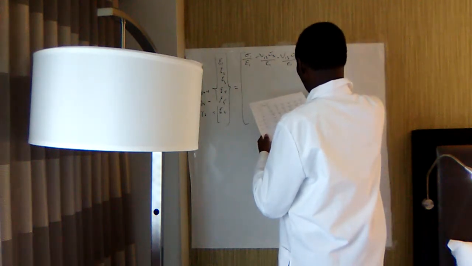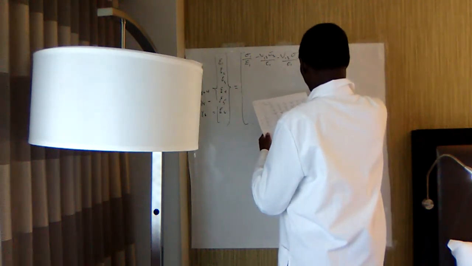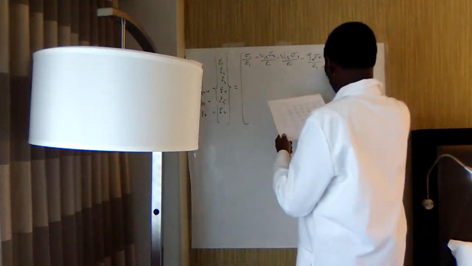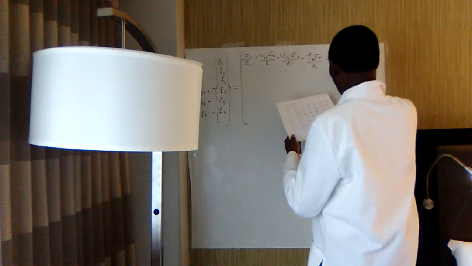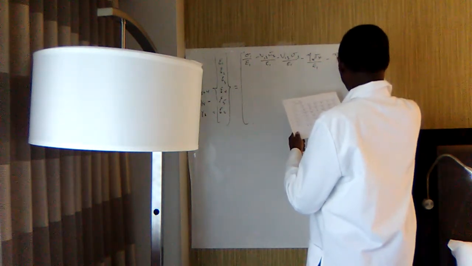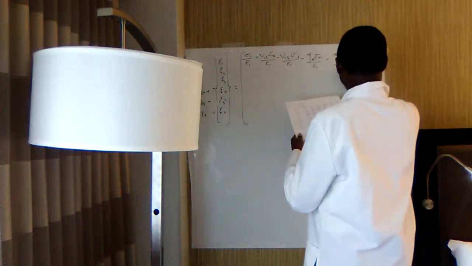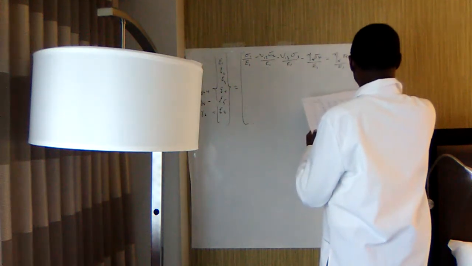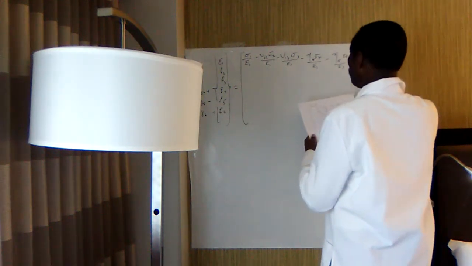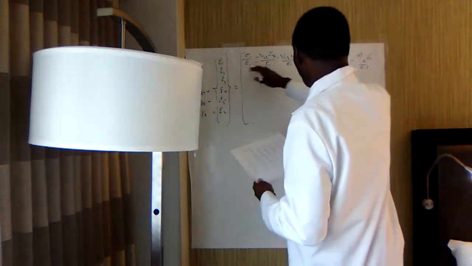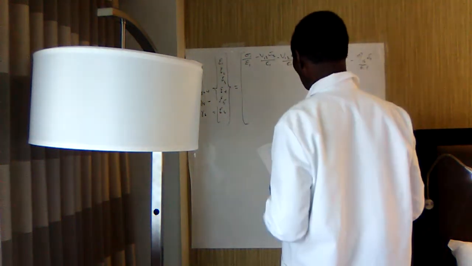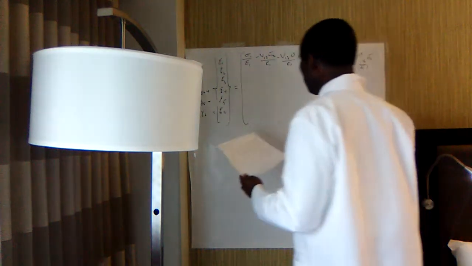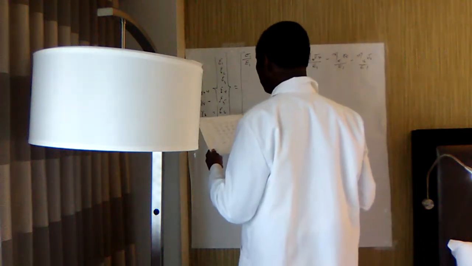Minus V14 sigma 4 over E1 minus V15 sigma 5 over E1 minus V16 sigma 6 over E1. That completes the first row, which has 1, 2, 3, 4, 5, 6 columns. So it's a square matrix, 6 by 6.